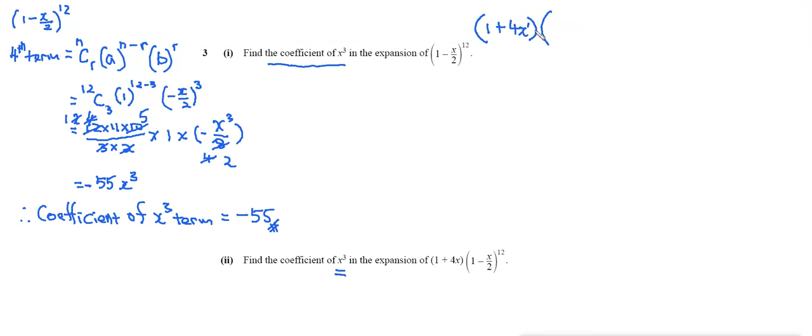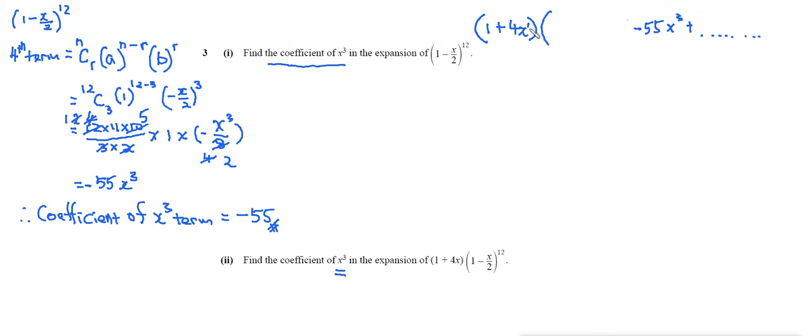Okay. Now, we already have the x3 term here, so we can just put a negative 55 x3 term plus dot. Now, what about the term just before it, which is the x to the power of 2 term?